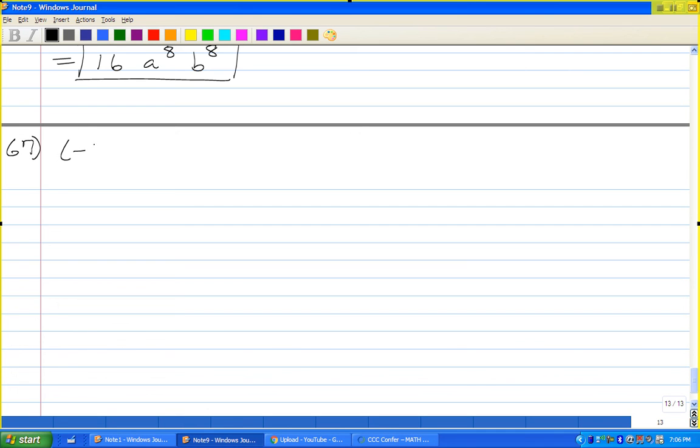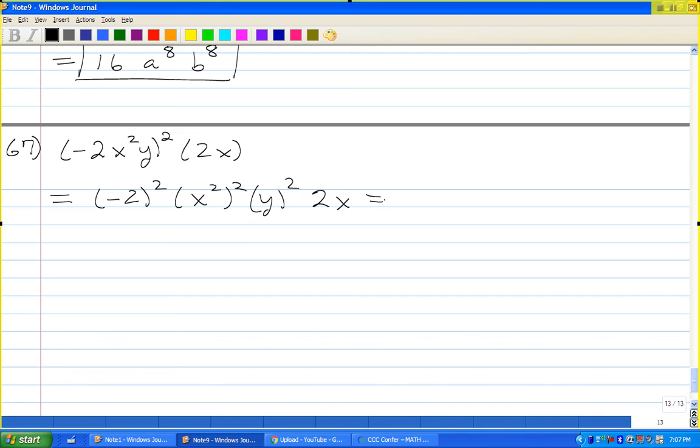Negative 2 x squared y, squared, times 2x. So let's raise each of these inside the parentheses to the power 2. Negative 2 squared is 4. X squared squared, multiply exponents, 2 times 2 is 4.